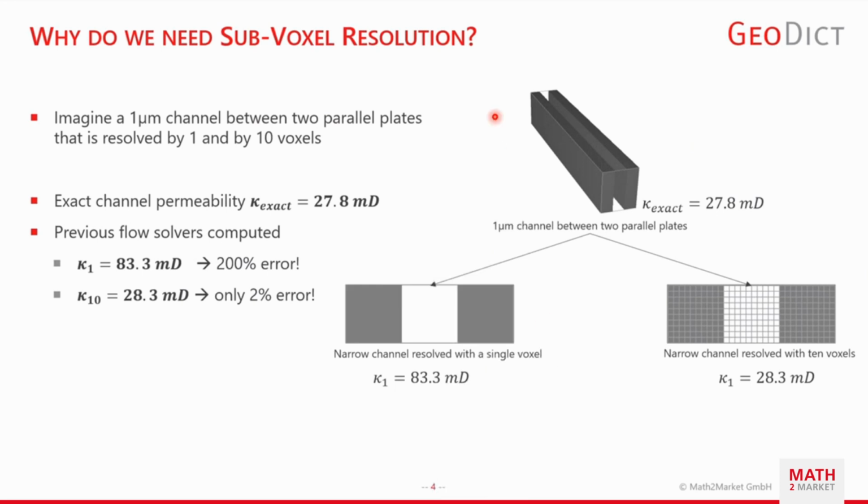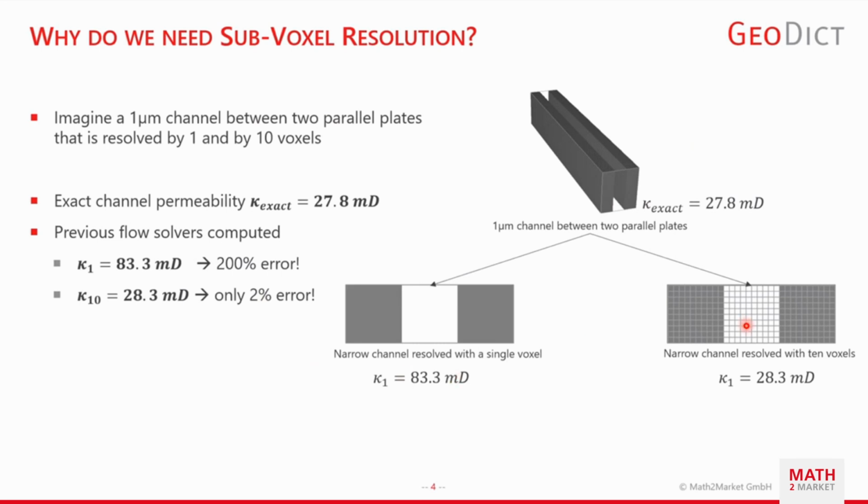So let me turn on the pointer. Let's say we have one quite ordinary analytical example of two parallel plates where you have a 1 micron channel in between, and you know that the exact absolute permeability is approximately 28 millidarcies. And then if your image resolution has only one voxel as a resolved pore channel in between, by direct computation previously, you would over-predict the permeability by approximately 200%.